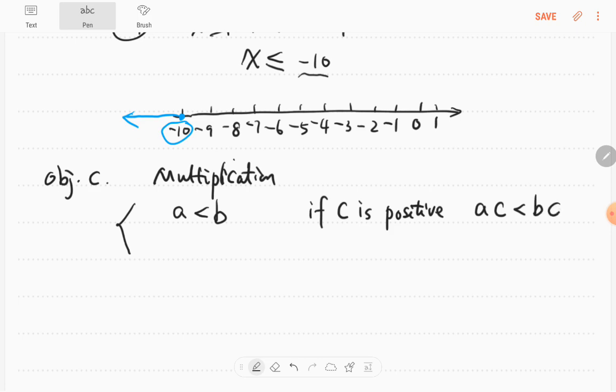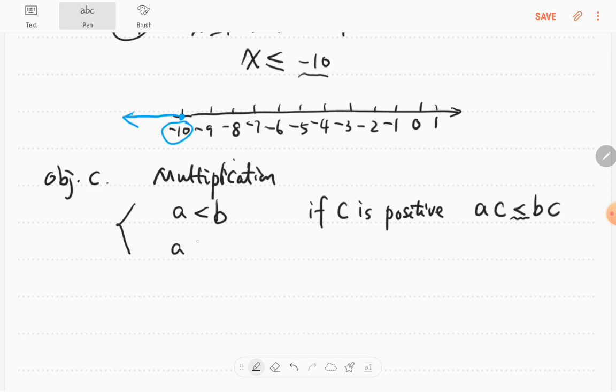Which means we can multiply by a positive number on each side of the inequality, and the symbol will not change the direction. So only if C is a positive number, then the inequality will not change the direction.